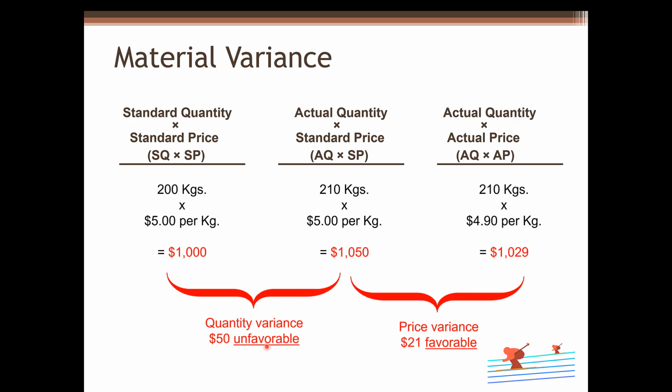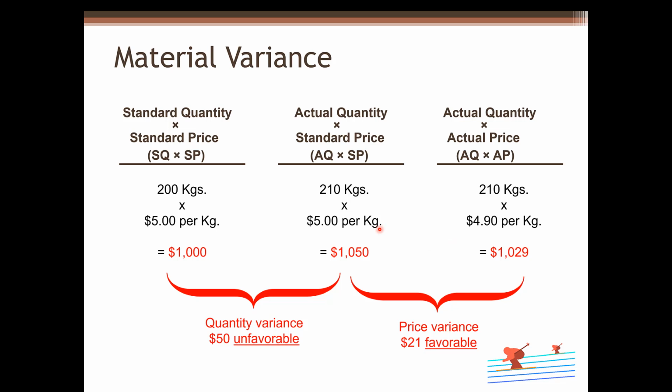It's labeled as unfavorable because actual quantity is more than standard quantity. The materials price variance, defined as the difference between what's paid for the quantity of materials and what should have been paid according to the standard, is $21 favorable. It's favorable because the actual price is less than standard price.